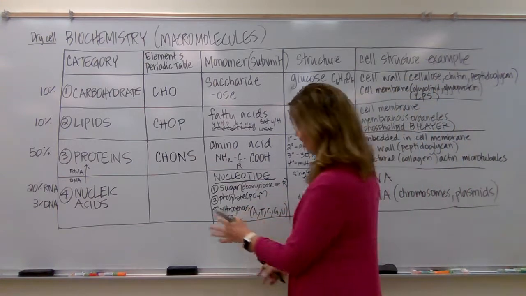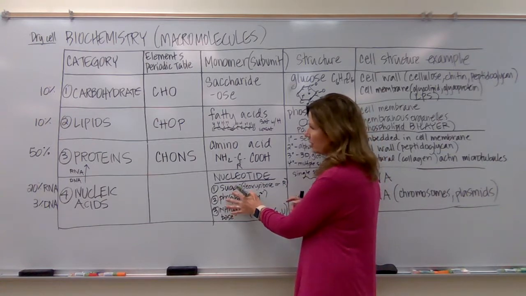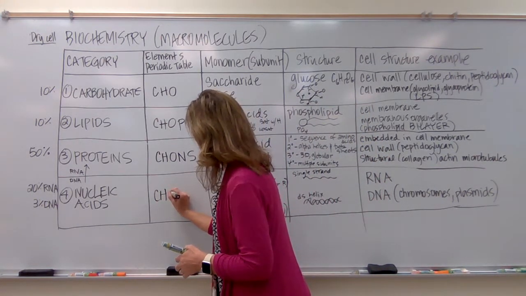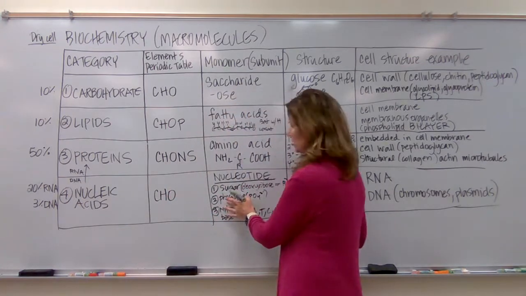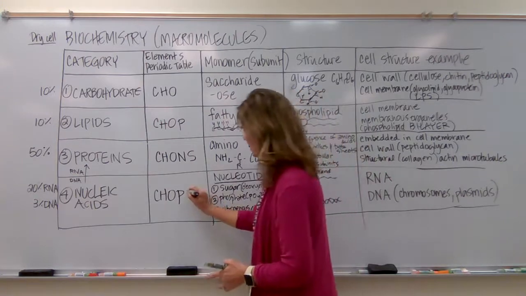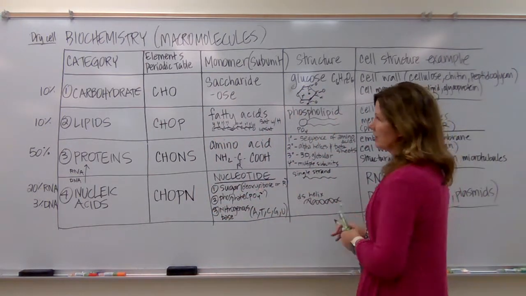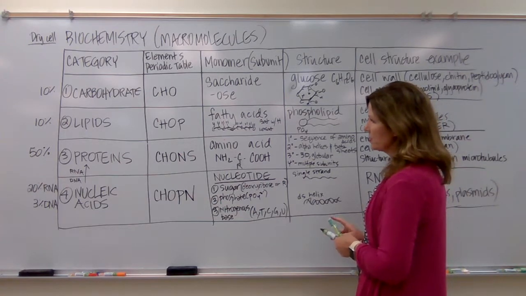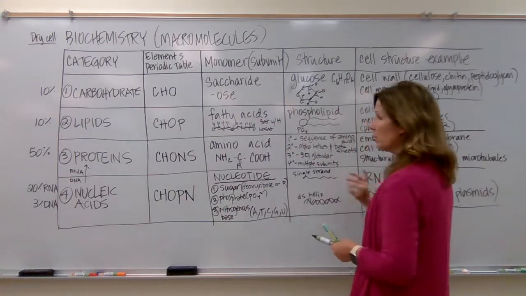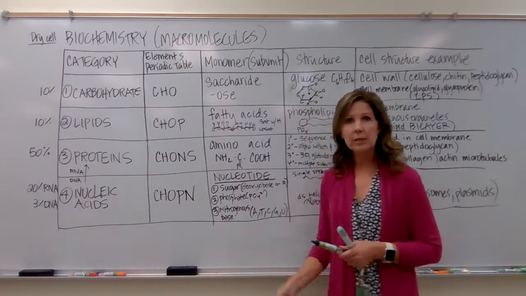Finalizing this chart, finally, use what you know. Sugar, I do remember CHO in sugar, CHO. Phosphate, P. Nitrogenous base, N. There you go for your elements on that periodic table. So this is a great way to compare and contrast all of these macromolecules. What three elements do they all have in common?